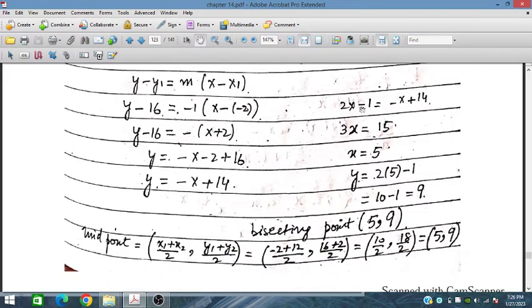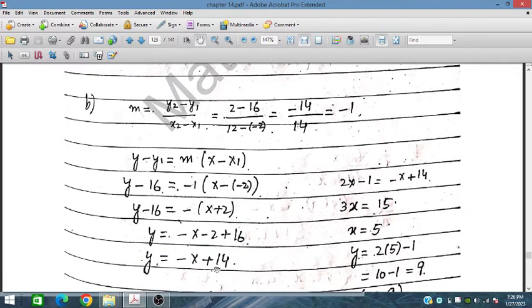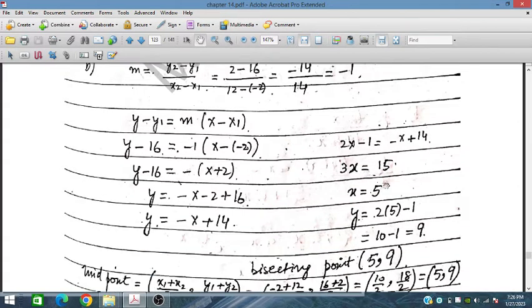From this, by the intersection of these two equations, this is one line and this is another line, so they are intersecting, and we solve simultaneously. We have obtained x equal to 5 and y equal to 9 by equating, because they are both equal to y, so they are equal to each other.